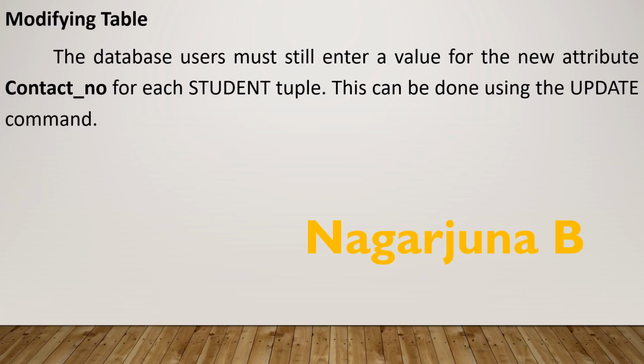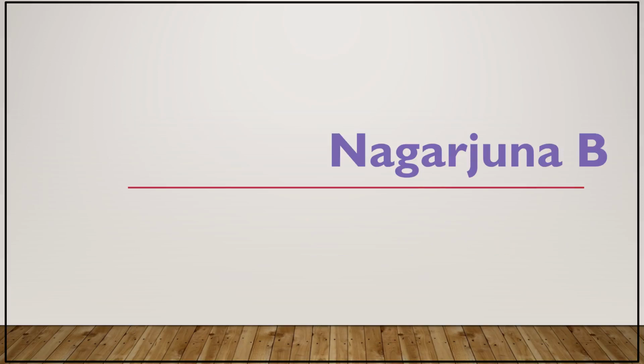So remember, we can update the value of a contact number. That means we can give a value for the new attribute contact number for each student tuple by using the command called update.